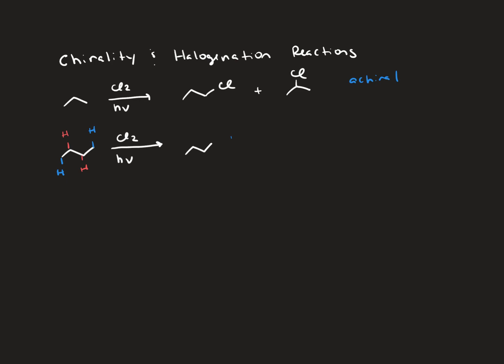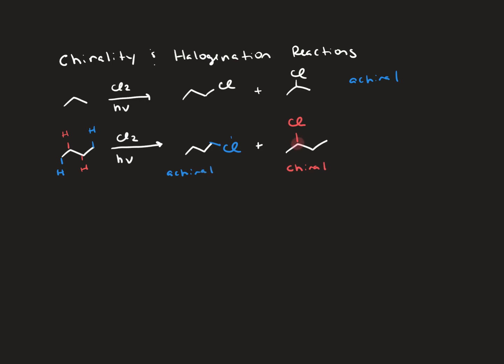The first product is also achiral. So when you form this, there's no stereogenic center, no opportunity for stereoisomers. But our second product, the one where we react at the secondary carbon, that one does have the potential for chiral centers. So this one is chiral. Our first product is achiral, but our second product has a chiral center right there.